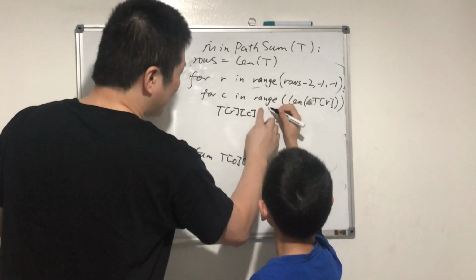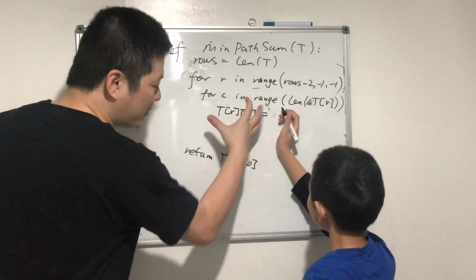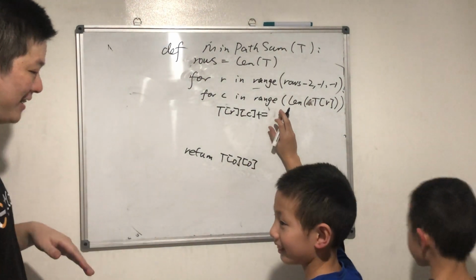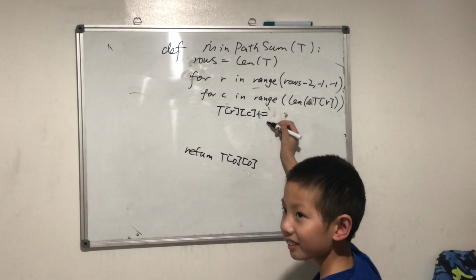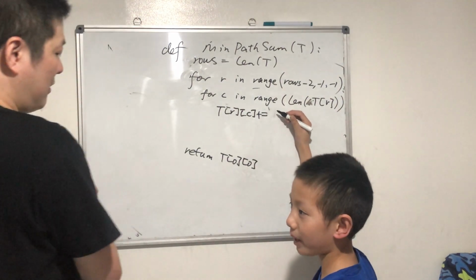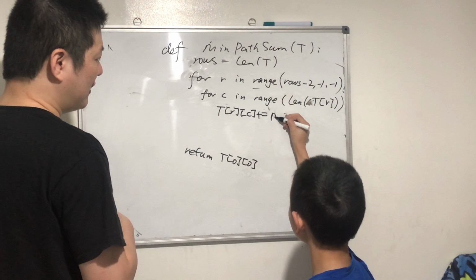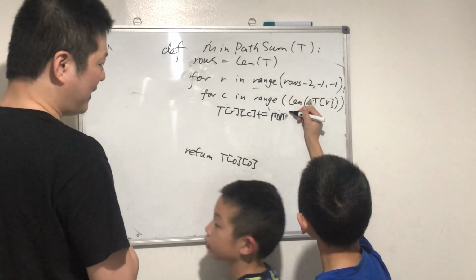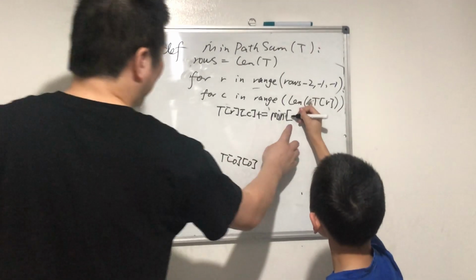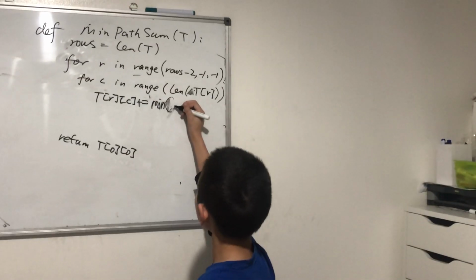You put the add equal here. Because you want to pick the current value, but also the minimum in the next row, right? Then min, in the parentheses.